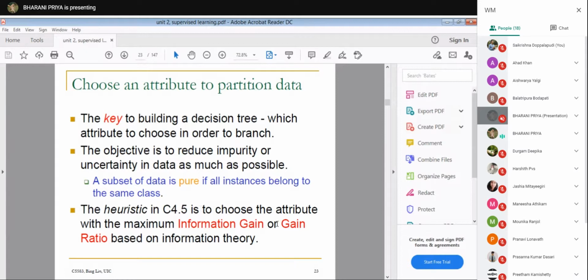In C4.5, we use information gain or gain ratio, but in the previous data mining textbook by Michelin Kamber that you have learned, which measure does the author say C4.5 uses, information gain or gain ratio? What did you learn from the textbook?